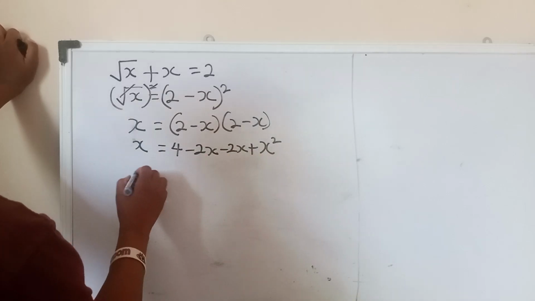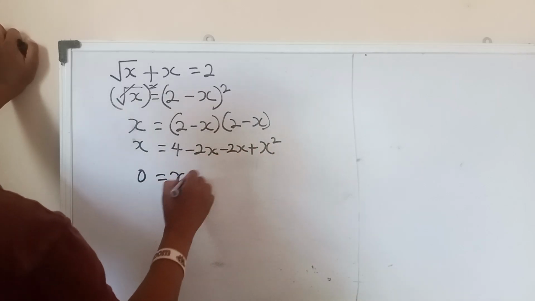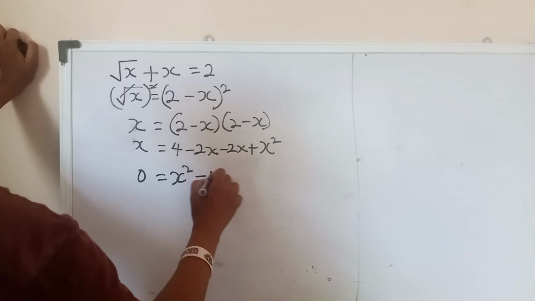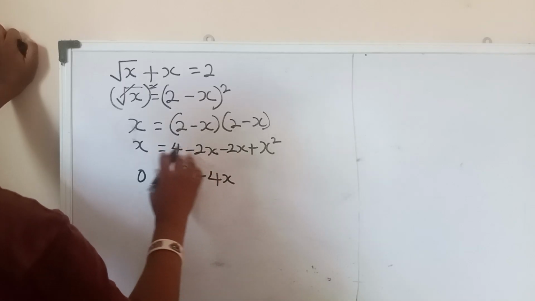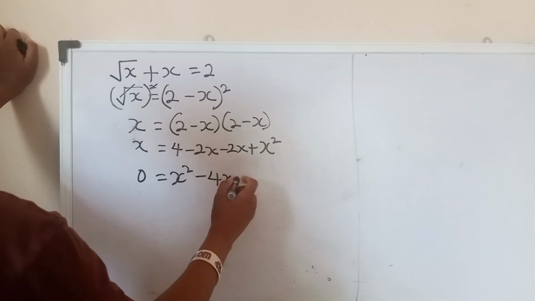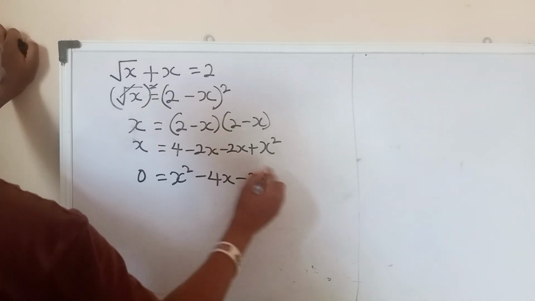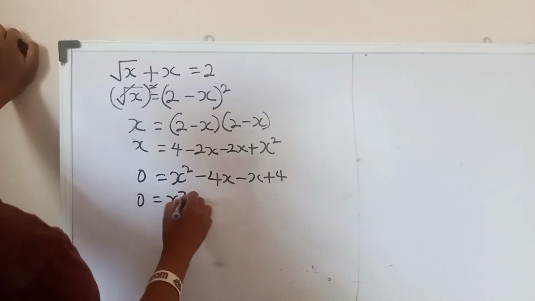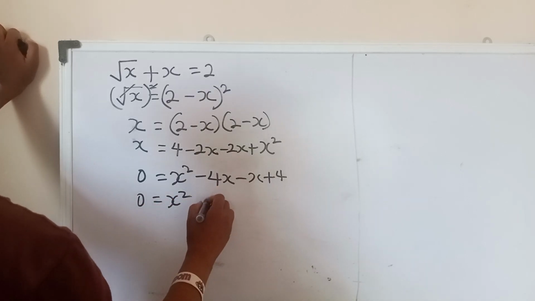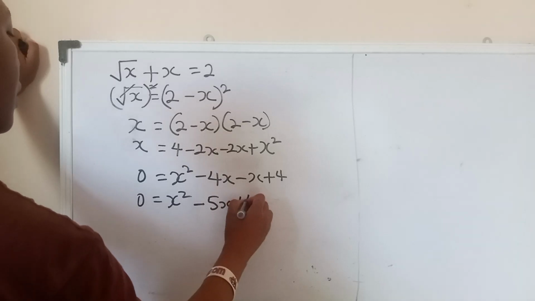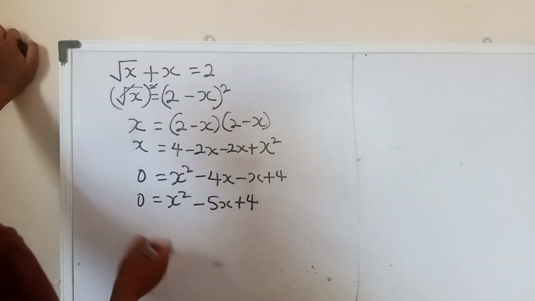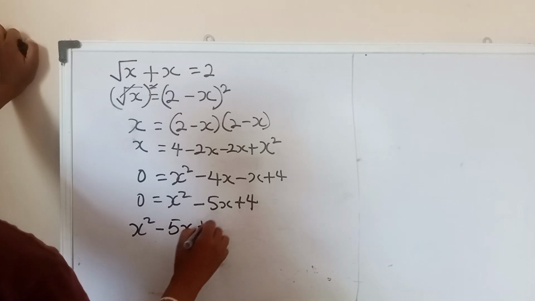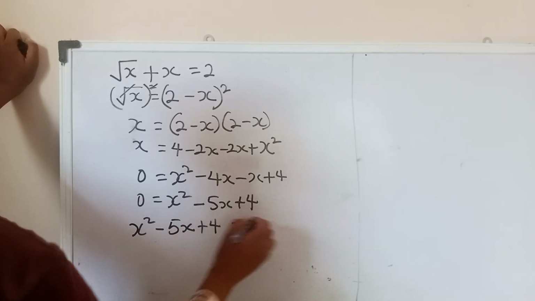So we have 0 here, and we have our x squared, we have this plus this, it's going to give us minus 4x. And then this x comes to the side, we have minus x, and we have plus 4. So 0 equals x squared minus 5x plus 4. So we can just say it's x squared minus 5x plus 4 equals 0.